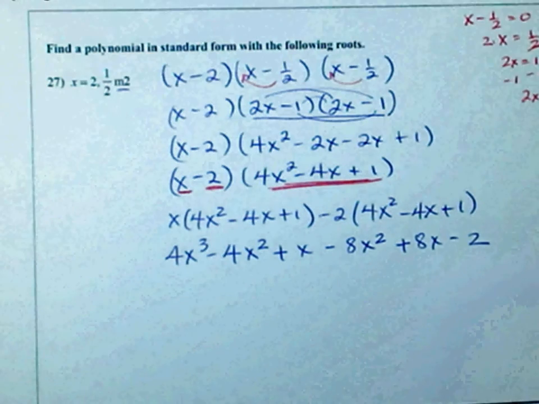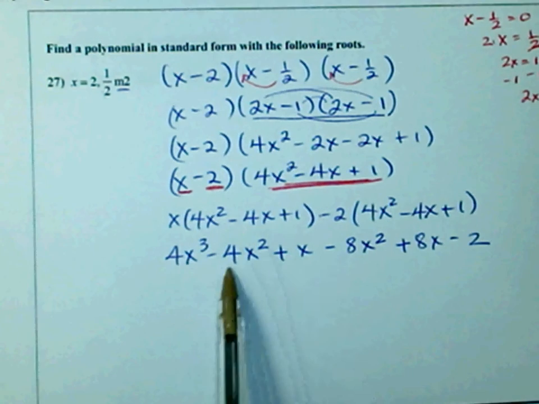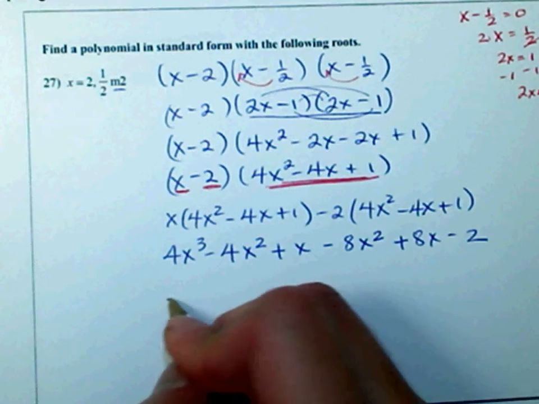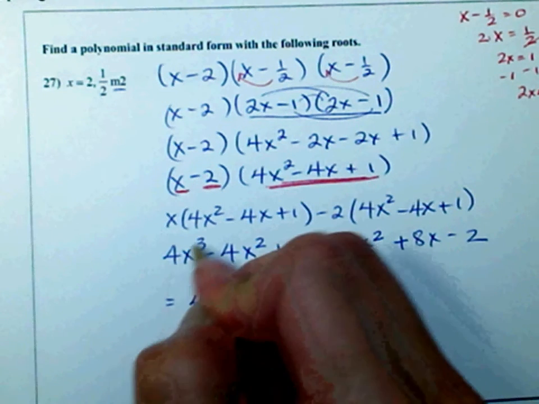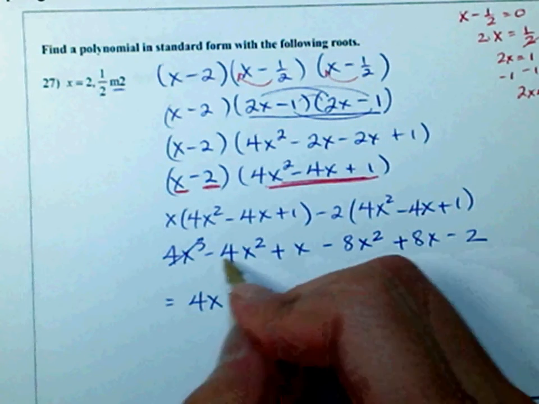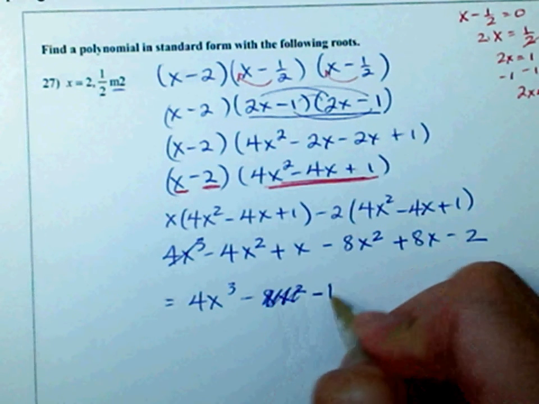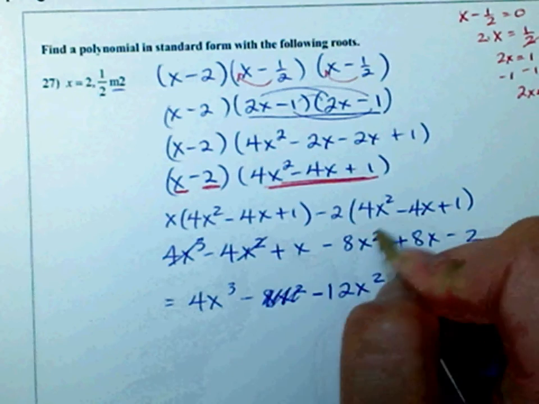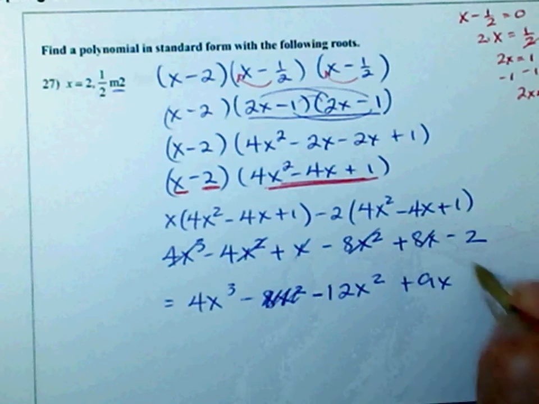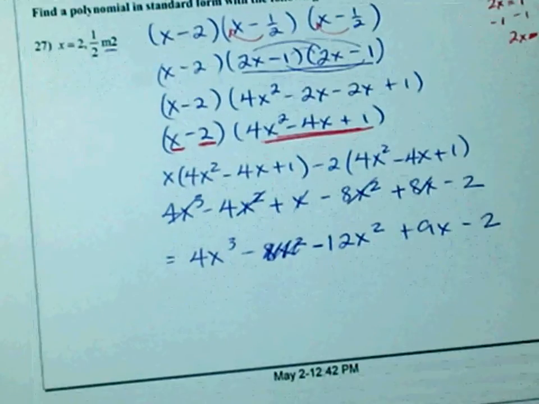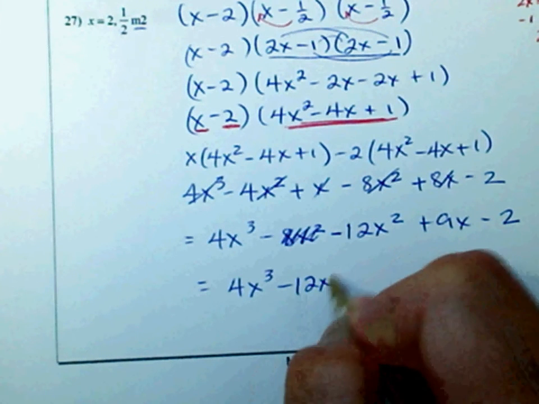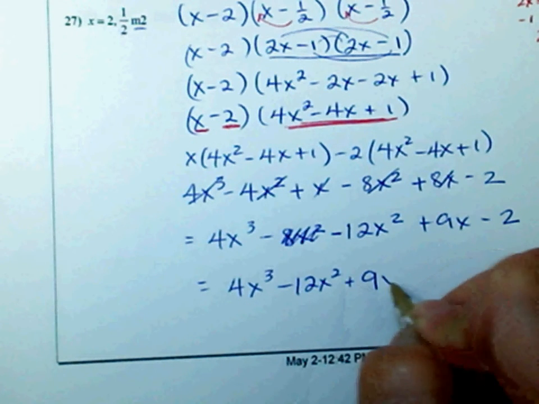Okay, let me check my math to make sure I've done everything right. Good. Combine your like terms with your highest degree first. 4x to the third minus 8x squared minus 4x squared, my apologies, that comes out to be minus 12x squared. x plus 8x is plus 9x minus 2. Okay? So here's my final answer. Let me write it a little bit better. 4x to the third minus 12x squared plus 9x minus 2. Highest to your lowest. You are finished.